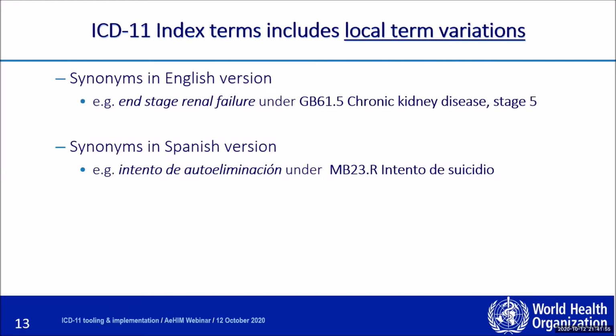Another important aspect, and this becomes more and more important as we are also now starting to launch translations and finalizing translation, is that we can, of course, improve the index by including local term variations. We did this already in the English version.